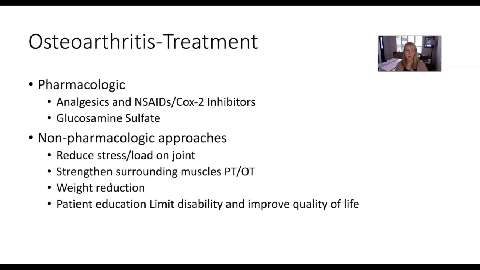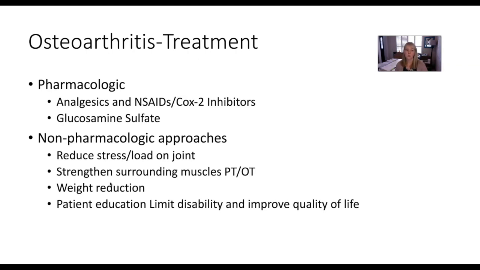But we really have to be careful of side effects, GI side effects, cardiac side effects. Going back to pharmacology, your COX-2 inhibitor, Celebrex, is another option. They don't have the GI side effects as much, but it does increase the risk for cardiac events. So it's one of those weighing the risk versus the benefits.